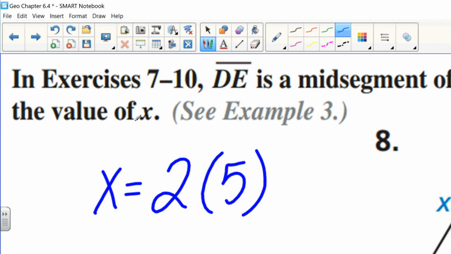So if we know what the mid-segment is, we can double it to get the third side. So we can do 2 times 5, which is 10. So the third side would be 10. Any questions on anything so far?